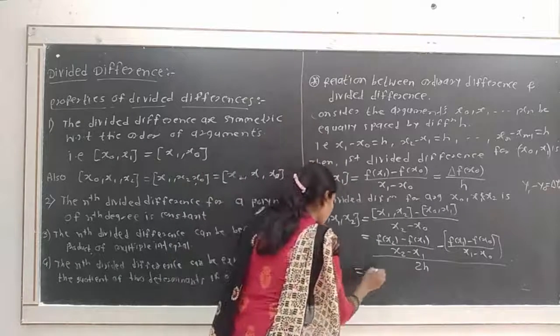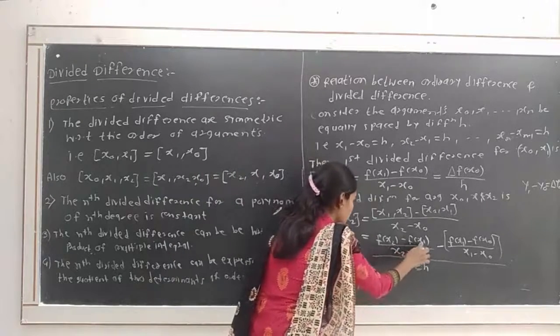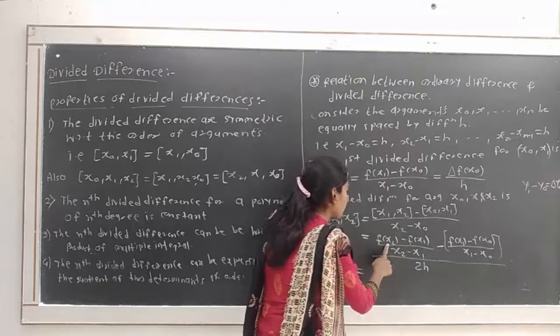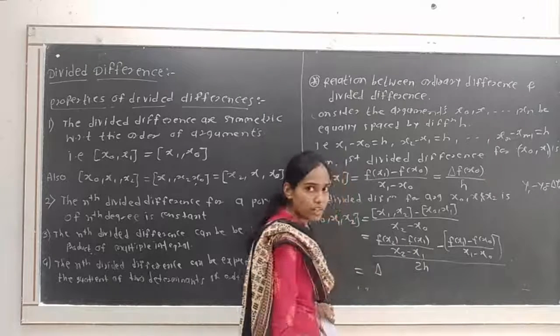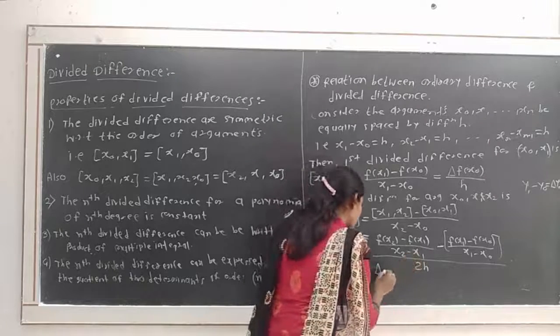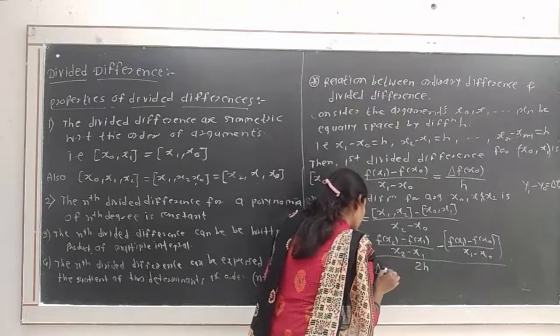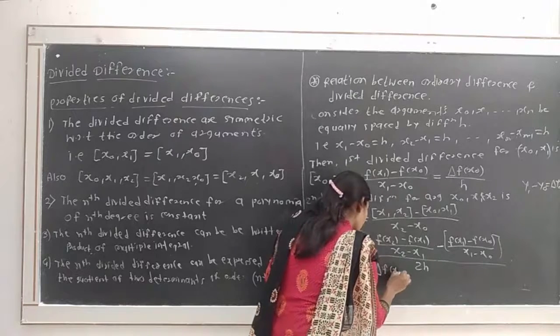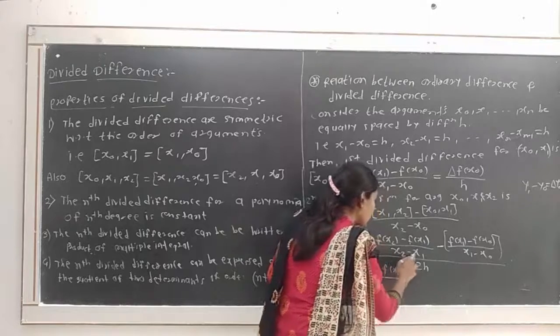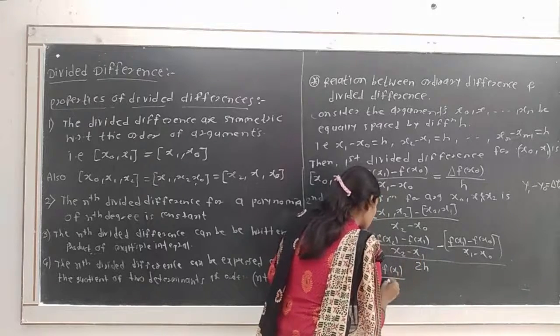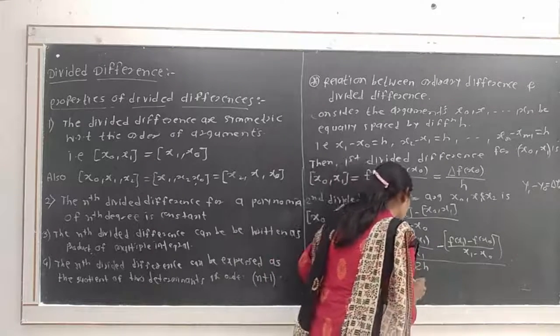Then we write: f of x2 minus f of x1, by using the definition of forward differences, is the forward difference of first order, that is delta f of x1, divided by x2 minus x1, which is h because these are equally spaced.